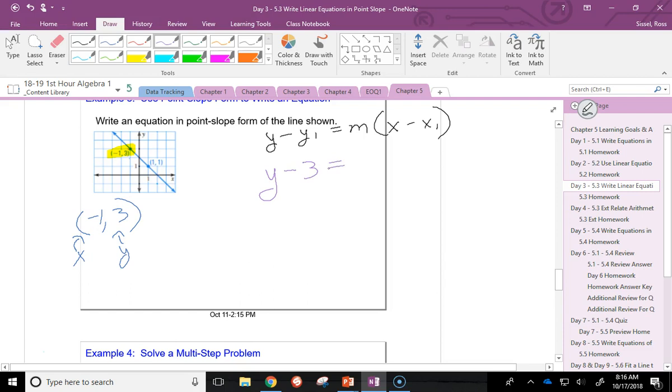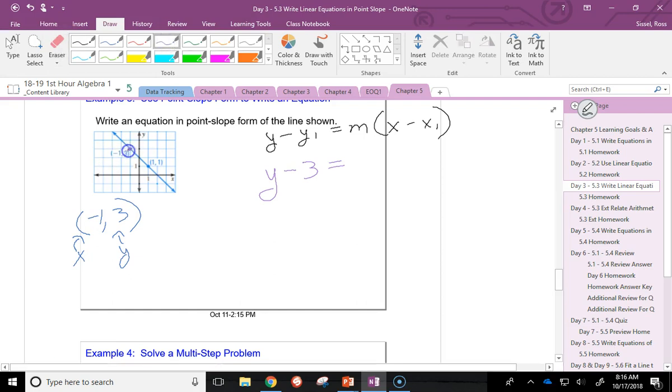Equals. Ooh, do we know our slope yet? Yes. If you look at the graph, it's 1 over 1, but you can go 1 down. Good. If we look at our graph, we have two different ways we can do it. Before I do that, I should explain. I'm going to look for a point where it crosses.